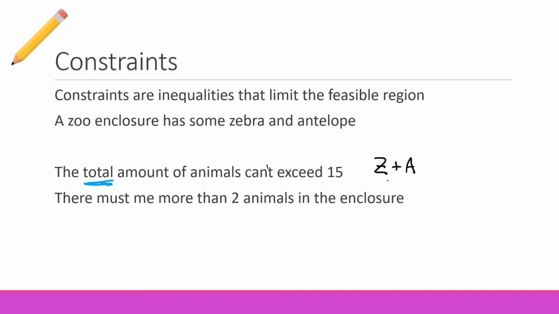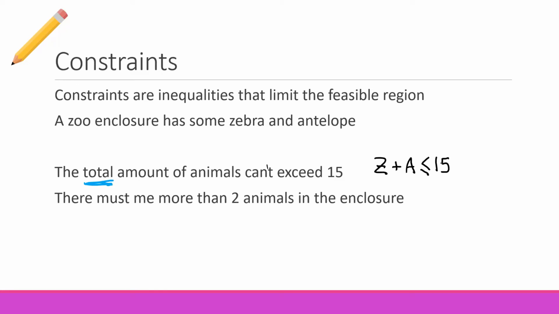If I took all of the zebra and added all the antelope, that would give me the total amount of animals. And I know that the total amount of animals can't exceed 15. So now I know there is a cap on the total amount of animals.